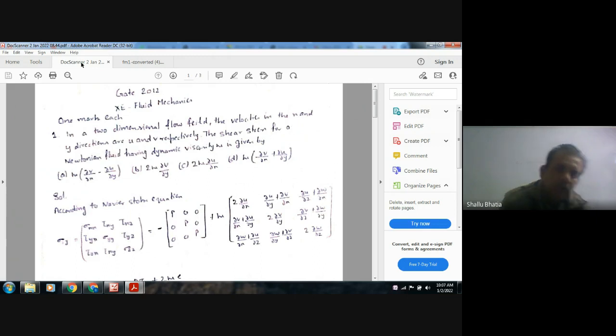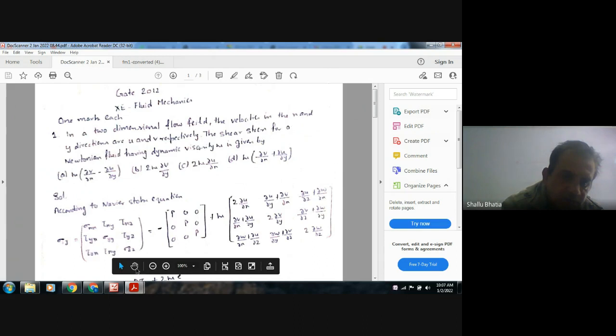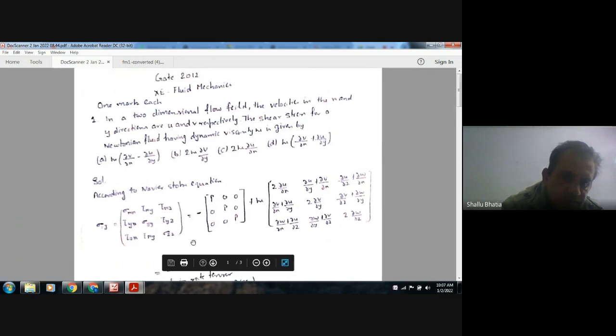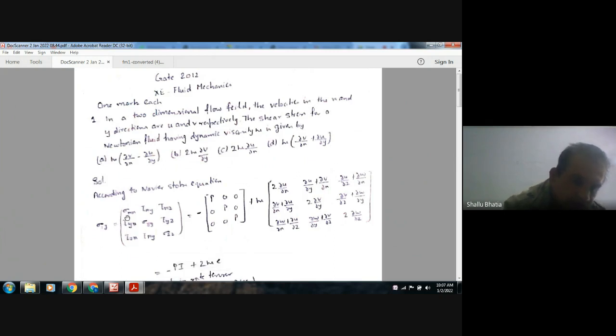According to the Navier-Stokes equation, the stress is given in matrix form. Here it is sigma xx, sigma xy or tau xy, and tau xz or sigma xz.